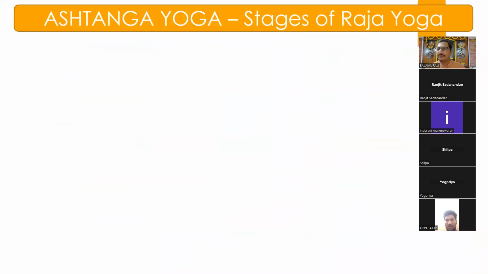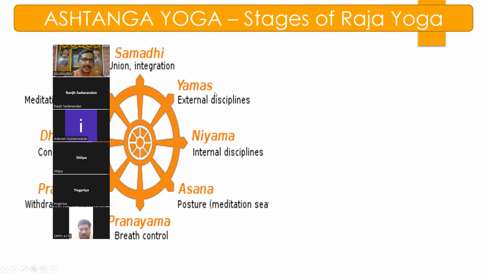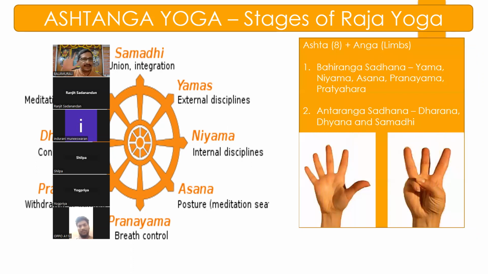Everybody would be knowing Ashtanga Yoga, so we will just see what that is. Ashta means 8. It's an 8-limb yoga. The 8 limbs are yama, niyama, asana, pranayama, pratyahara, dharana, dhyana, samadhi. One has to progress from the first to the last. The first 5, just remember the one full hand: yama, niyama, asana, pranayama, pratyahara.